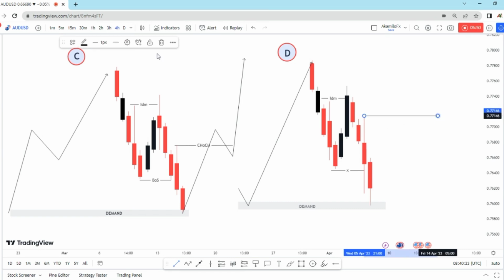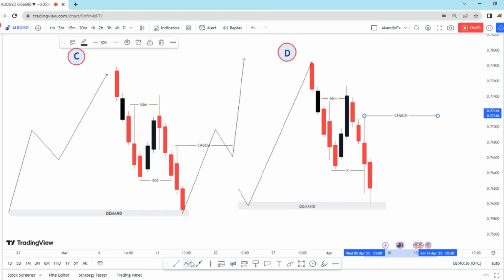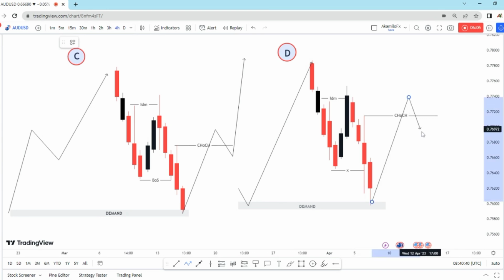That's our nearest pullback, and that will be our change of character. So if price takes that particular leg, with a candlestick closing above it, then our downtrend will now be changed to an uptrend. That is how we can identify a change of character in a downtrend if price taps into a demand.